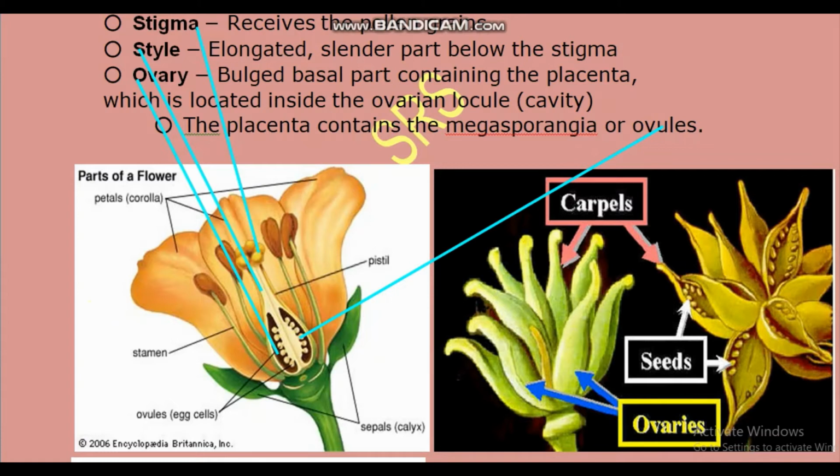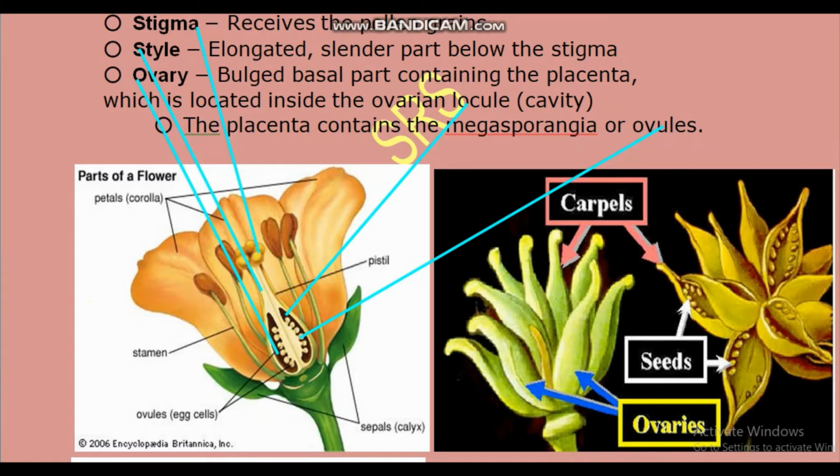Already we have read in class 11 that placenta is a parenchymatous spongy structure that forms the cavity of this ovary. In this part there are so many small cavities, and these cavities are filled with ovules. These are locules, each chamber is one locule. This is one locule, this is cavity, there is another locule, this is another locule.